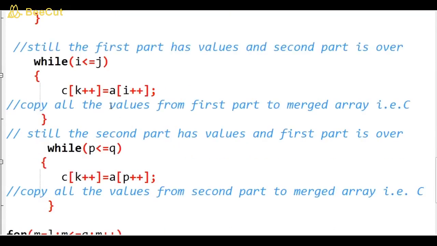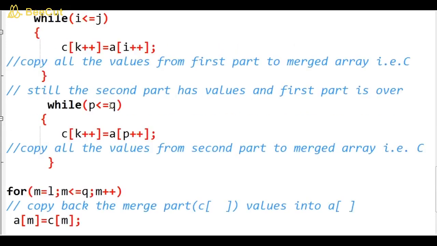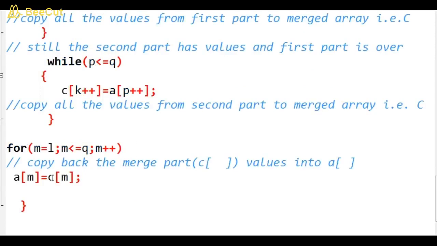After copying or merging the first part and second part values, the combined result is available in the array C. We have to copy back the merged result into the original array. The original array is A. C is one more array we have taken for the merge operation.